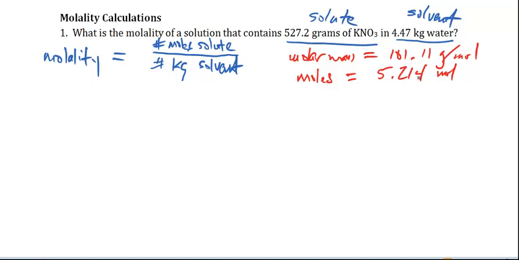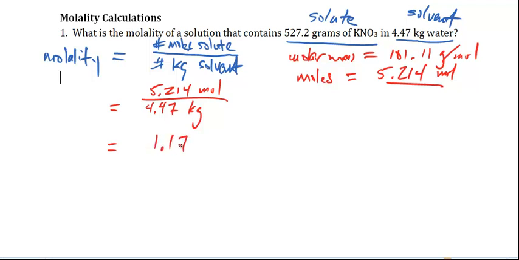Now that we know the number of moles, we can come over here and fill this in. We have 5.214 moles of solute, dissolved in 4.47 kilograms of water. When you divide those two things, you should get 1.17, and that's moles per kilogram.